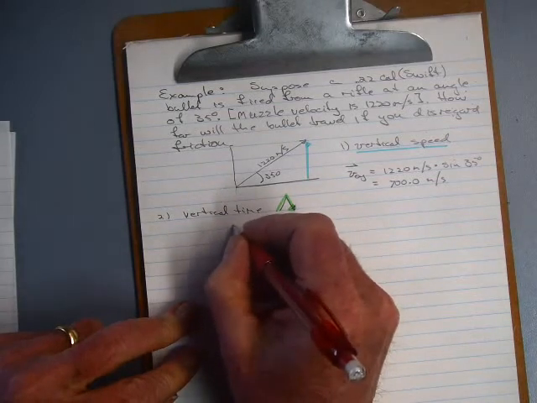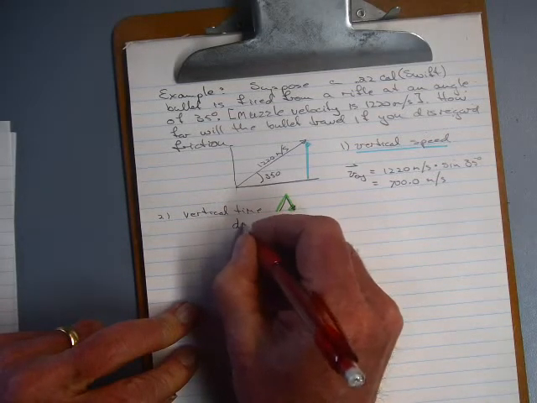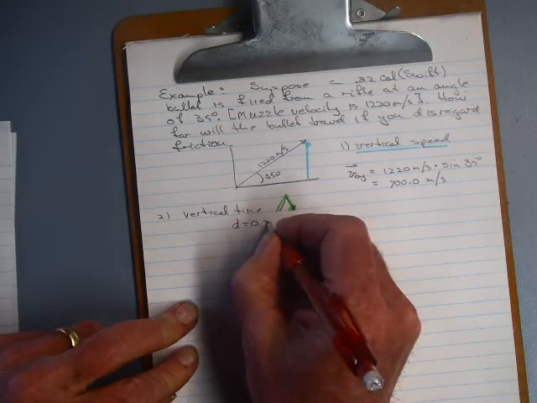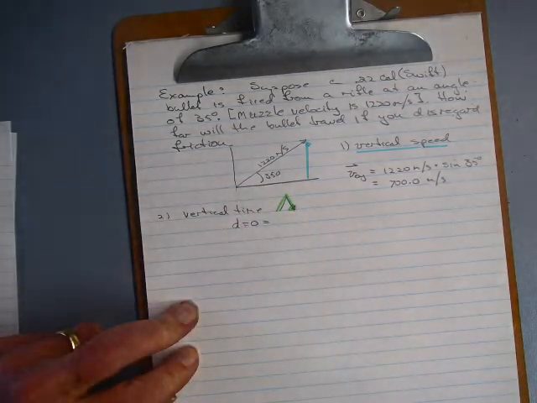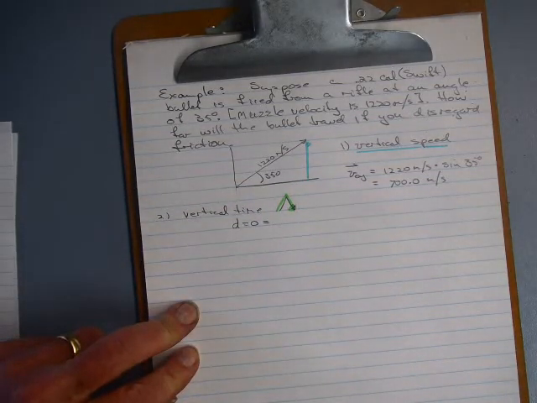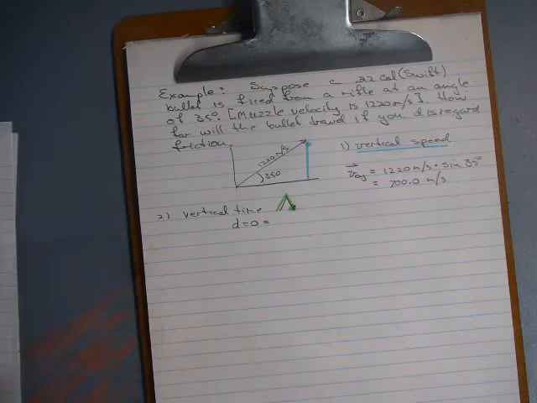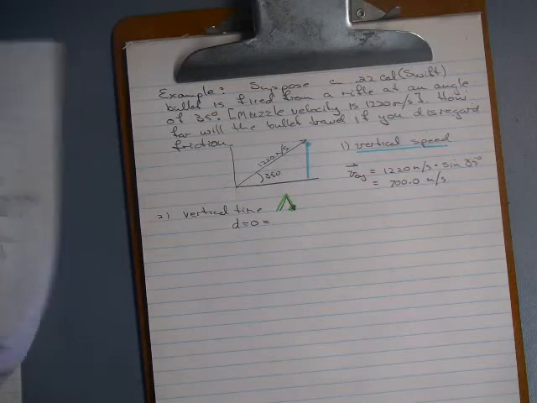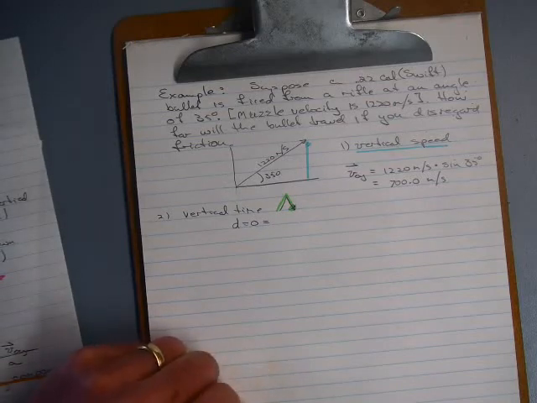So d, the displacement we said is 0, and this is going to equal, I'm going to plug in, oh shoot, should I or shouldn't I? You know what, I'll put in the raw equation first.